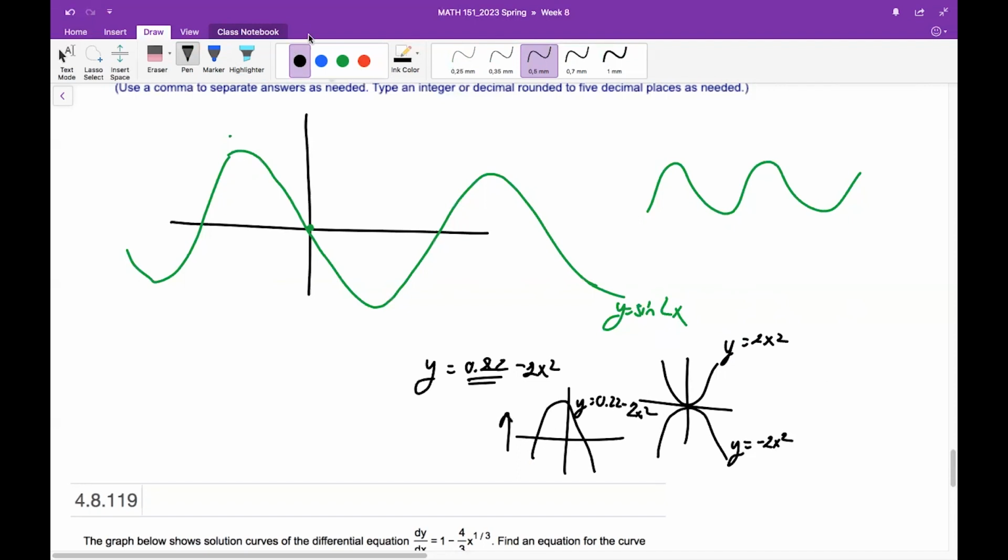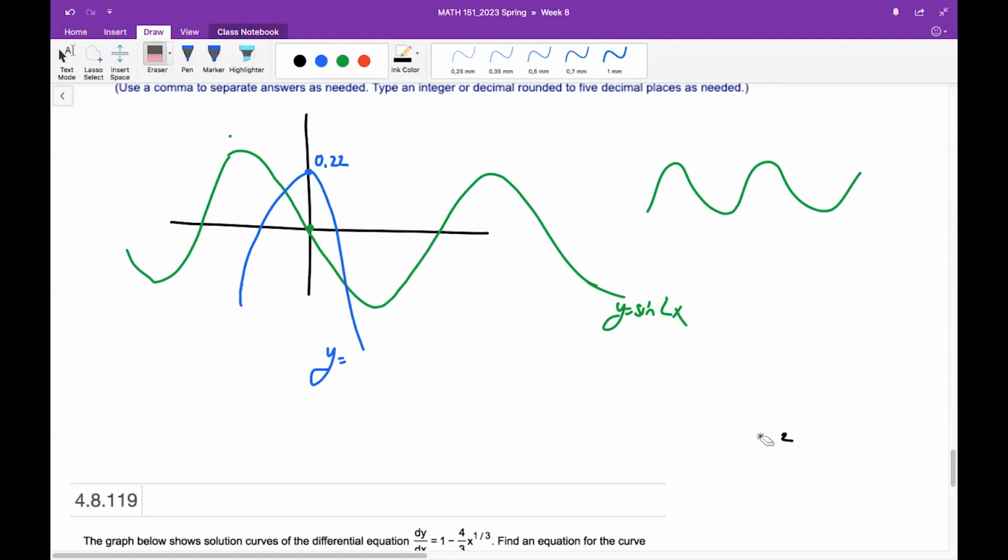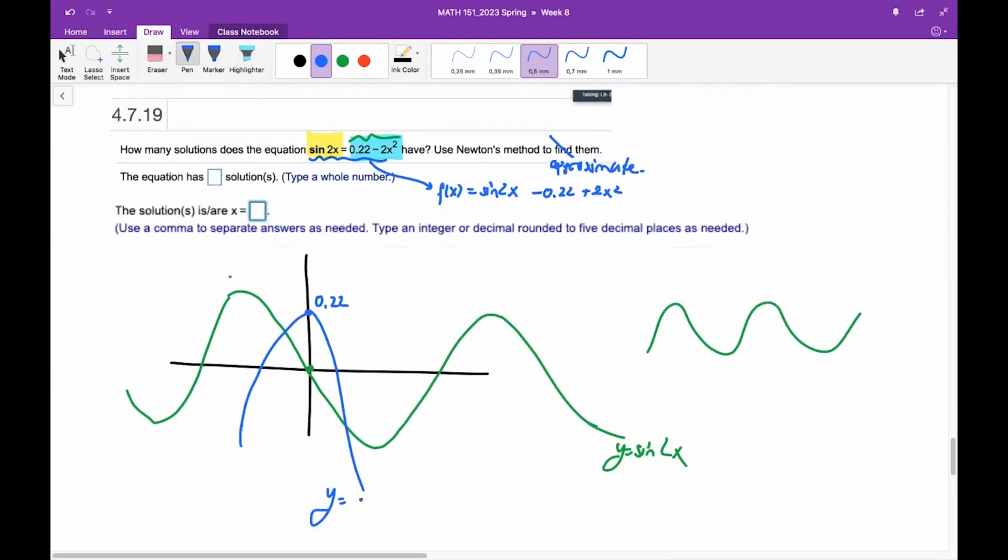Let's insert that parabola into our picture. Okay, so it is that kind of parabola, I guess. So like this. Okay, this is 0.22. And as you can see, the blue parabola, let me just remove this part where I explained how to shape graphs. So this blue curve is the parabola given in the statement, 0.22 minus 2x squared.